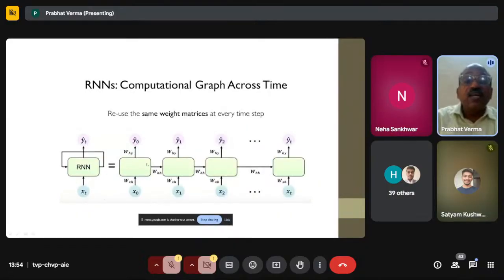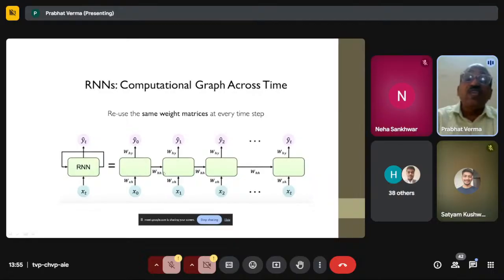You can see here in the unwrapped form that between the input and the cell we have the weight WXH, which is common for all the neurons at every time step. WXH is the weight between the input and the hidden state, and that is the same. Similarly, WHH represents the weight between the two neurons, that is, the previous history and the current history. We give these weights as W because we have to modify them in order to optimize.